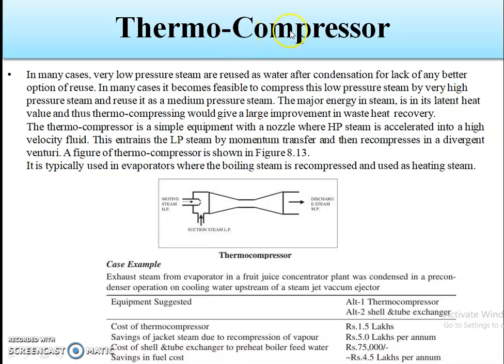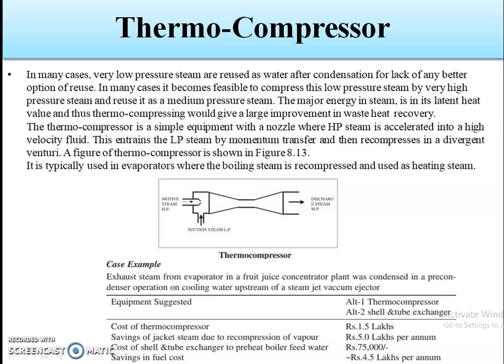Next we discuss the thermocompressor. In many cases, very low pressure steam is reused as water after condensation for lack of any better option. It can be feasible to compress this low pressure steam with very high pressure steam and reuse it as medium pressure steam. The majority of the energy in the steam is in its latent heat, so compressing it gives a large improvement for the waste heat recovery system.